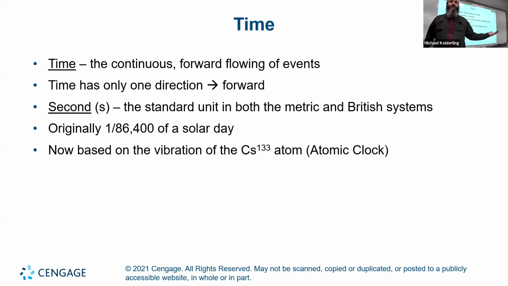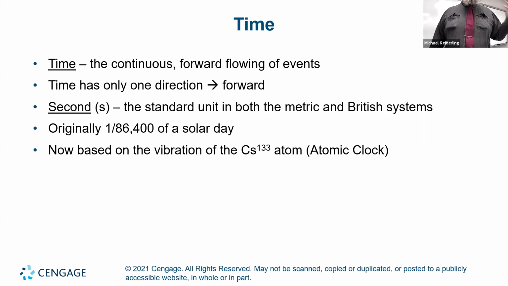It was originally defined as, there are 24 hours in a day, 60 minutes in an hour, 60 seconds in a minute. So the second was 1/86,400th of a solar day. The problem is that the solar day varies. The length of a solar day can change.